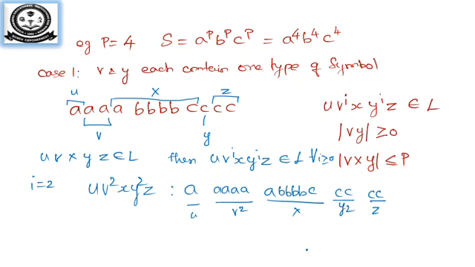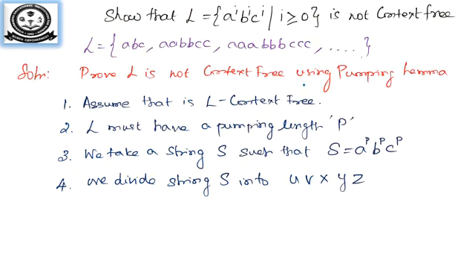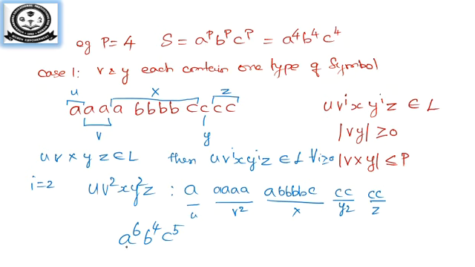Now how many a's, how many b's and how many c's are there? When you calculate it, a is 1 2 3 4 5 6, so you have 6 a's, a6. And b's, we have b4. And c's, 1 2 3 4 5, we have c5. This is not in the form of the given language. In the language all a, b and c should be of the same number, but here a is 6, b is 4 and c is 5.